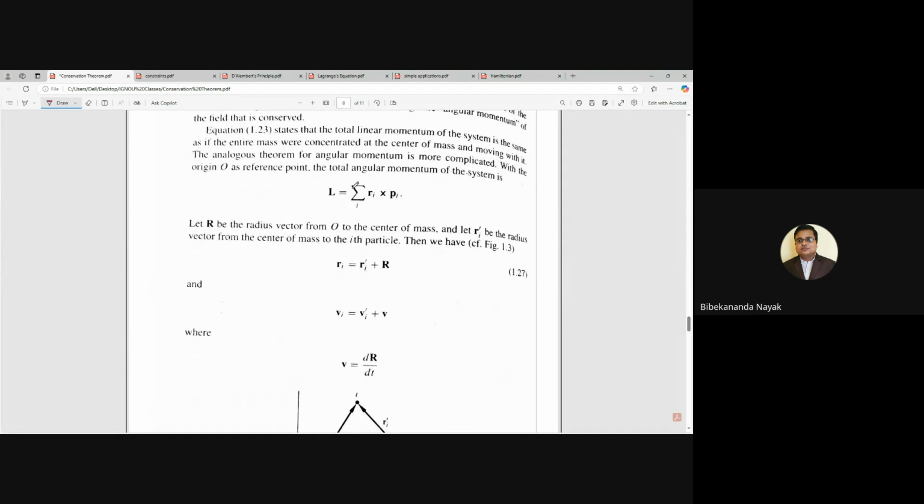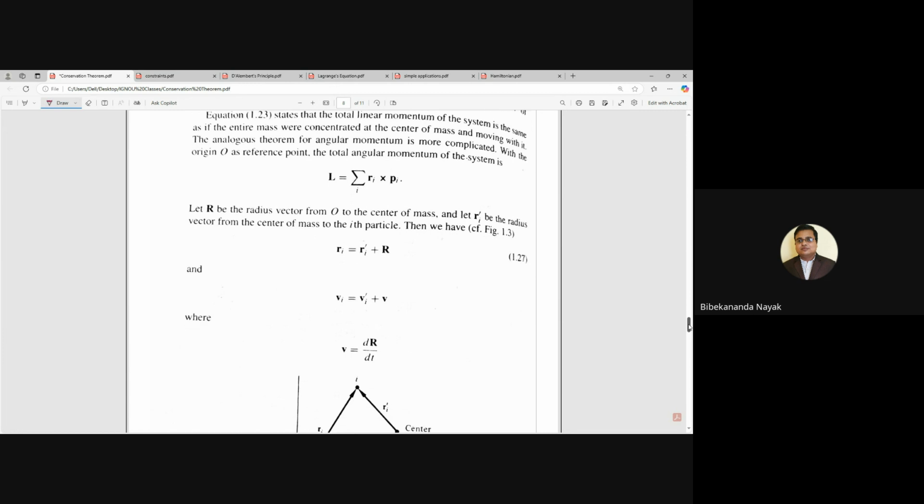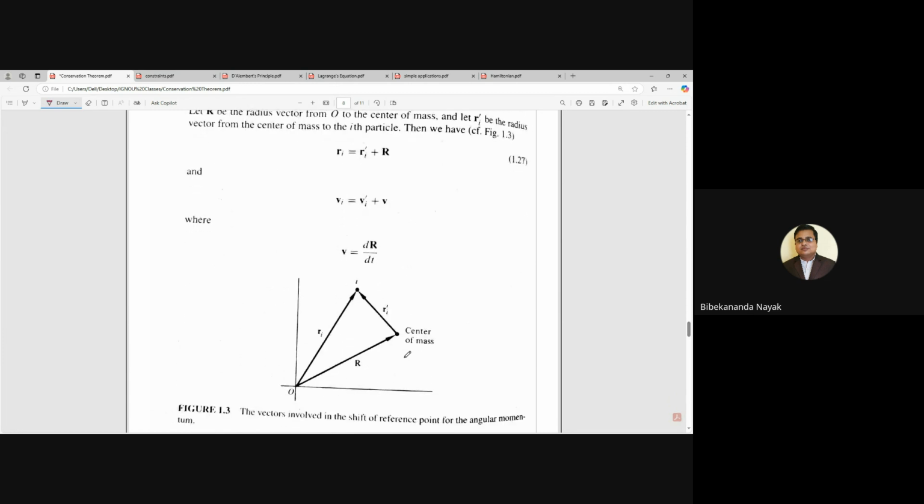Another thing here: you can show how the angular momentum of a system is related to the angular momentum of its center of mass. Okay, let's say this is your center of mass position. This is our ith particle. The position vector of the ith particle is Ri. The position vector of the center of mass is capital R, and let's say Ri prime is the position vector of the ith particle with respect to the center of mass.